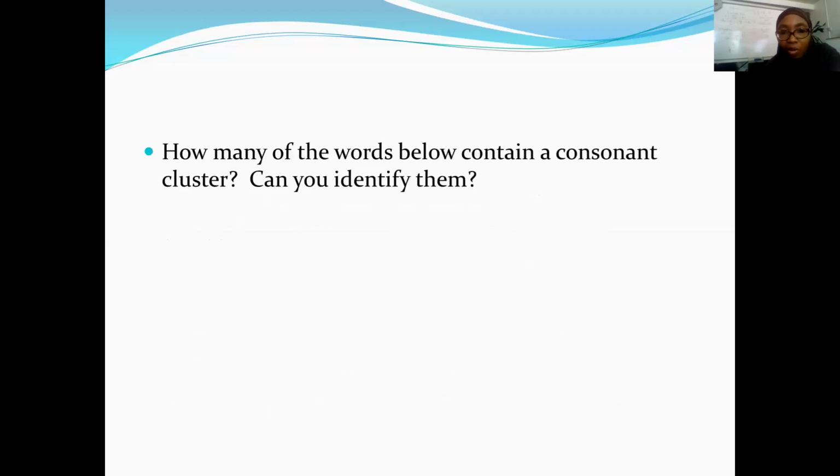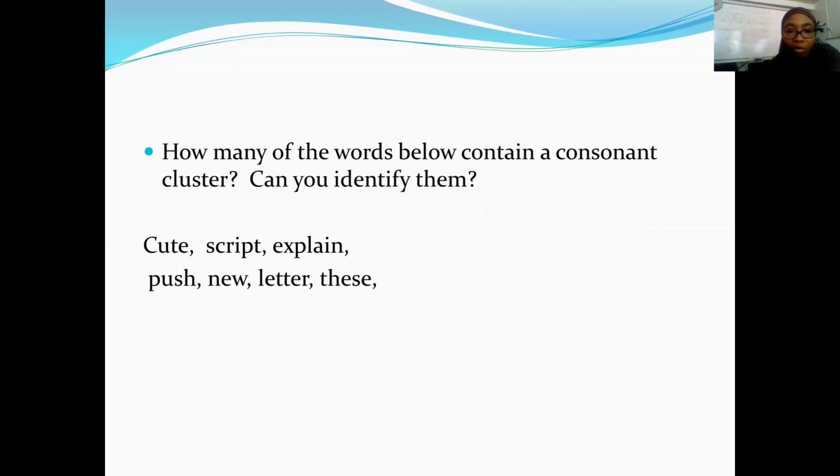And I gave a simple activity based on my explanation. I asked you to identify the clusters in those words. And here are the words again. You have cute, script, explain, push, new, letter, this, with, moved, kick, and mask.